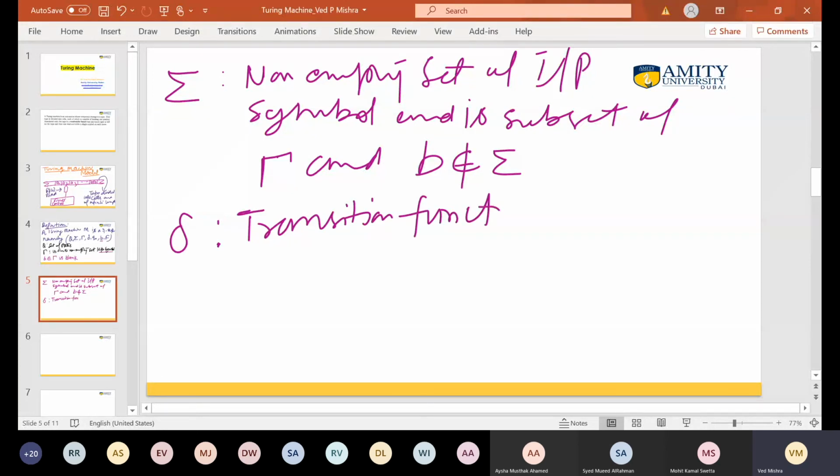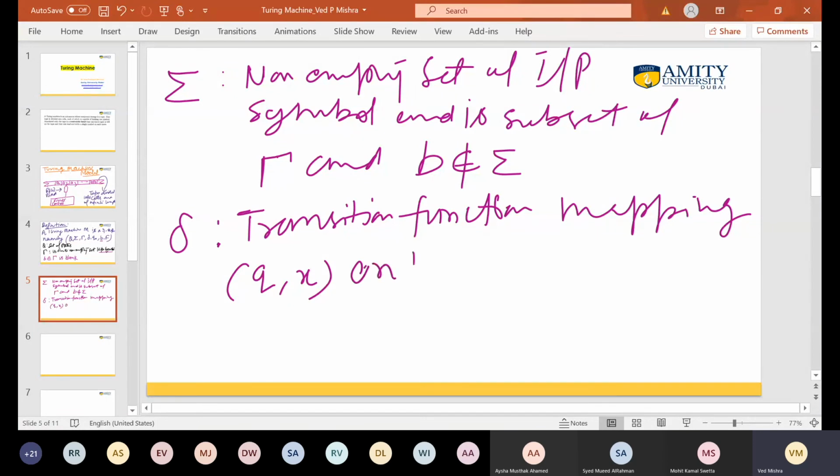I will just explain this with an example. Transition function mapping Q x gamma onto Q dash Y and D.